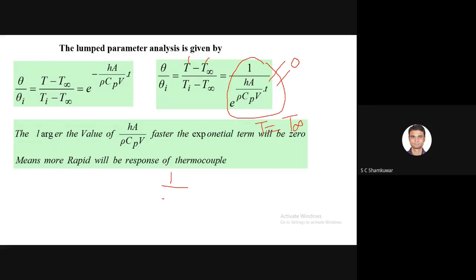We will take an example. Suppose you take 1 divided by e squared, and 1 divided by e to the power 5. What is the value if you use a calculator? What is 1 by e squared? Please use a calculator and tell me the answer.